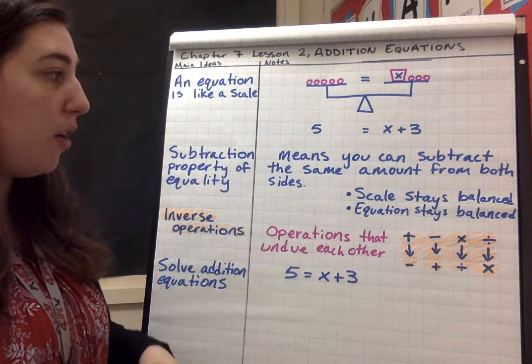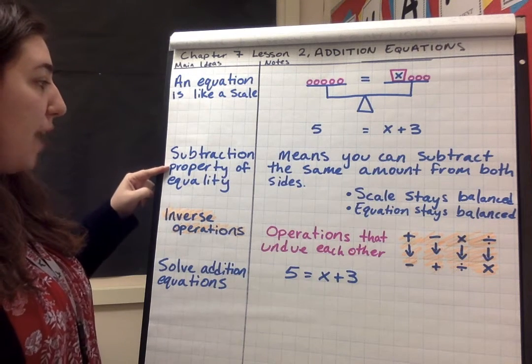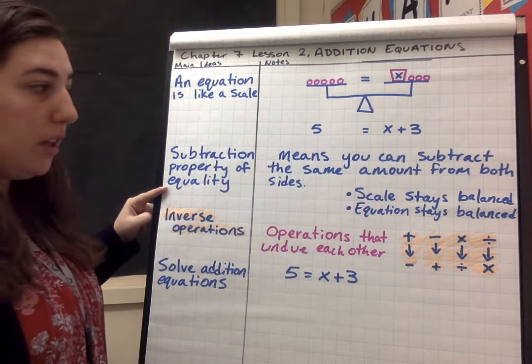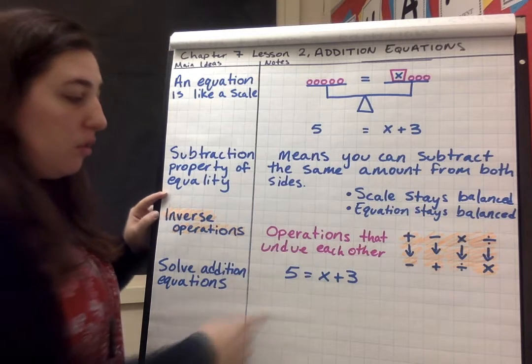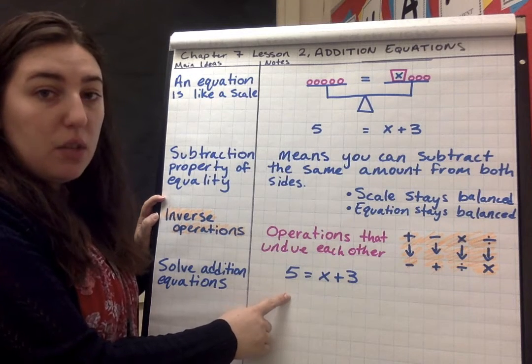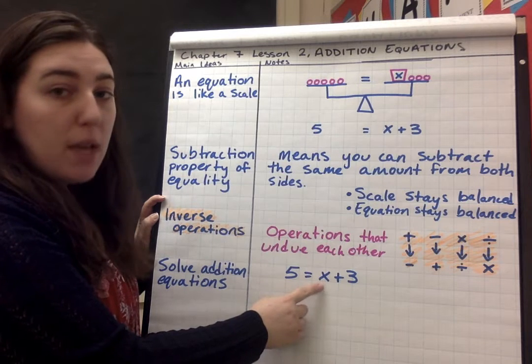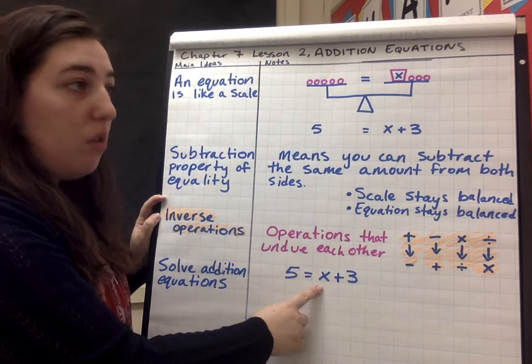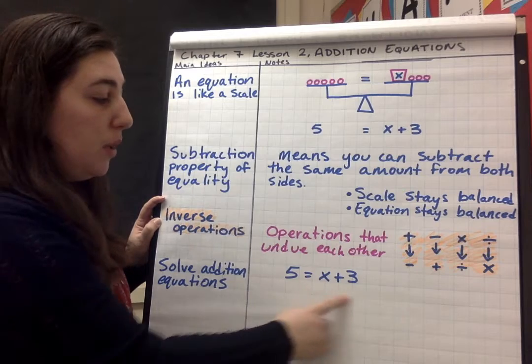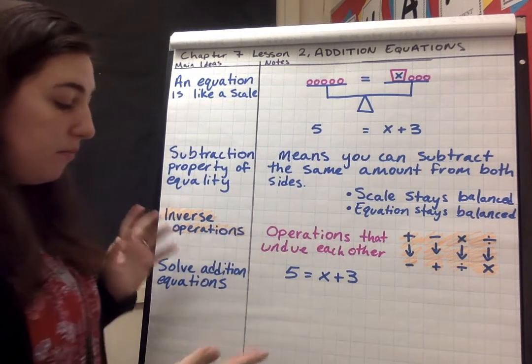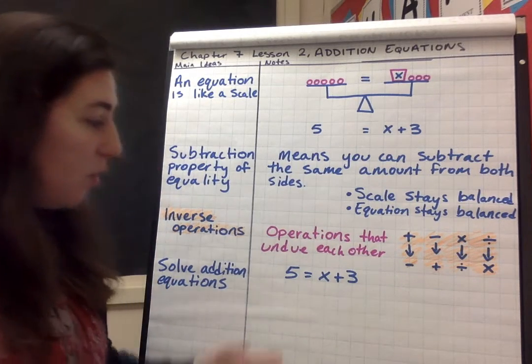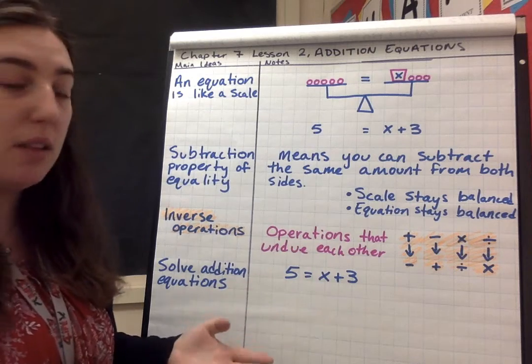But we are going to follow our process. So subtraction property of equality. We are going to use this to help us keep this equation balanced and find what x is. Because this is our goal, to find out what x is so we know what keeps this equation balanced.